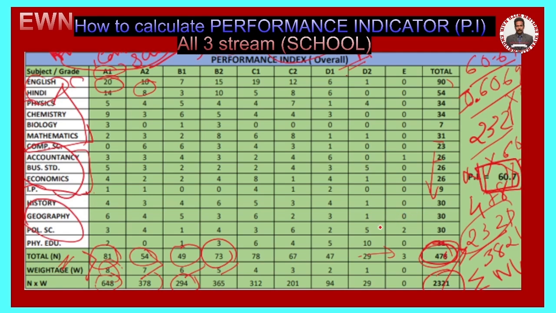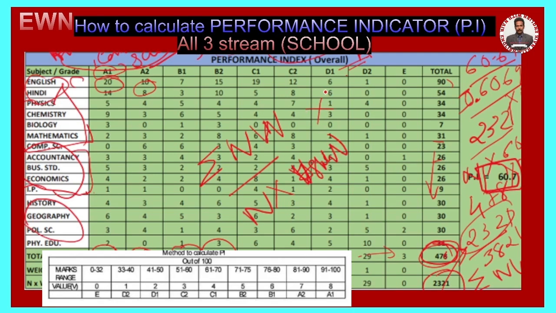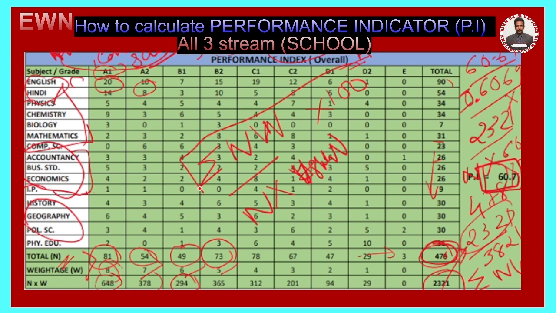So this is how you calculate the thing. Once again recall the formula: sigma NW upon N into highest weightage, into 100. This is the formula for percentage. So sigma NW is 2321, N is 478, and weightage is 8.